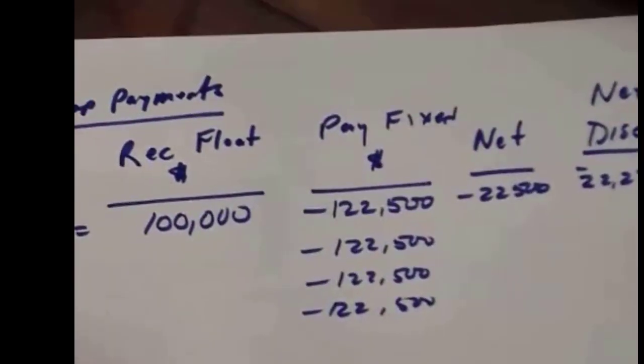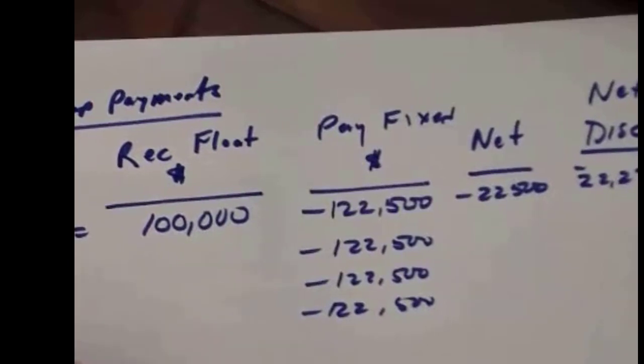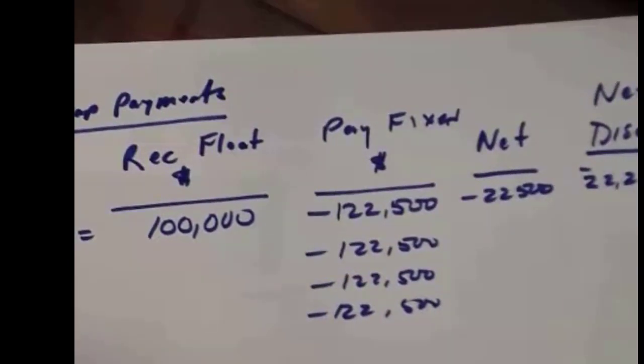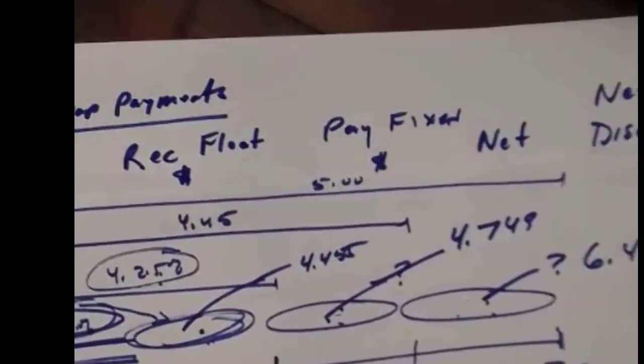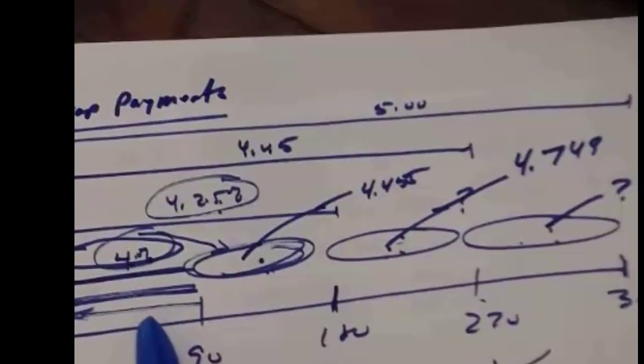Now we're going to calculate the next payment, the second quarterly payment, and we're going to use the forward rate that is in existence here. Okay, and that forward rate, let's see. Okay, so remember back in this graph here, we just paid that 4% at this point and discounted the present value.